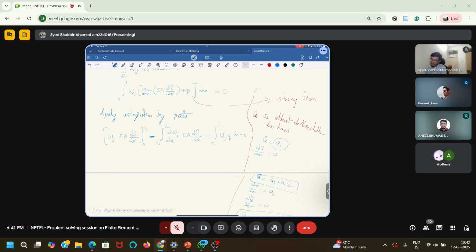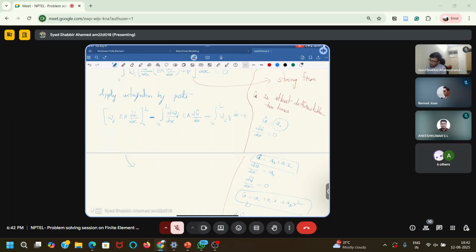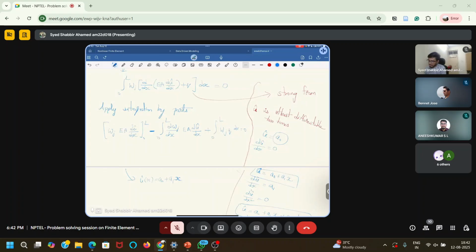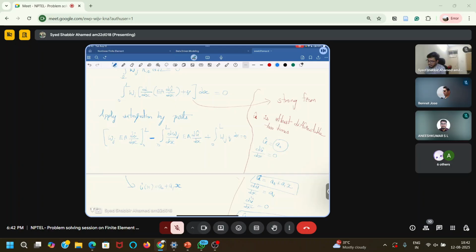So instead of taking a second degree polynomial, I can just assume a first degree polynomial, a0 plus a1x, as the solution. And now you can see the differentiability is satisfied by a lower degree polynomial, compared to the strong form, where the requirement was at least a second degree polynomial. Here, the first degree polynomial is the least required approximation which we can take in the weak form.